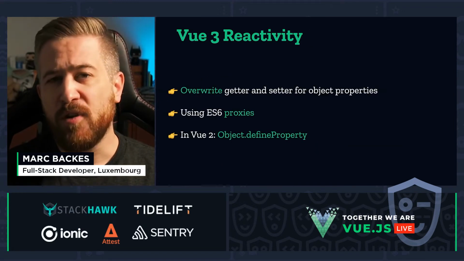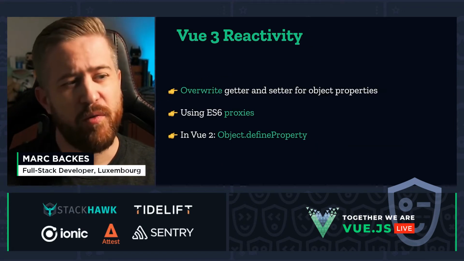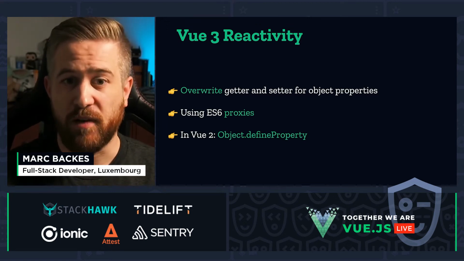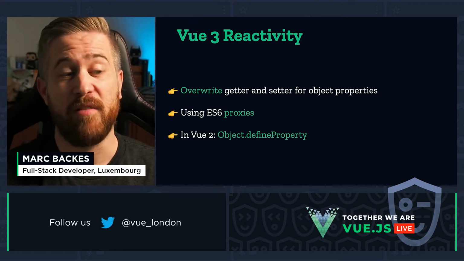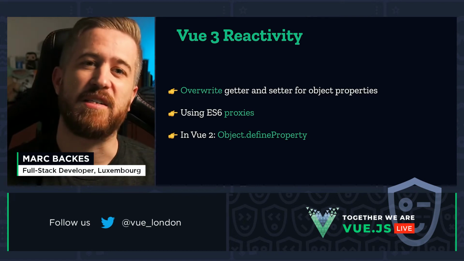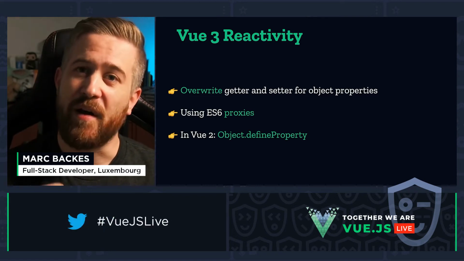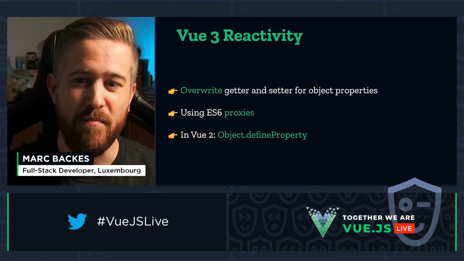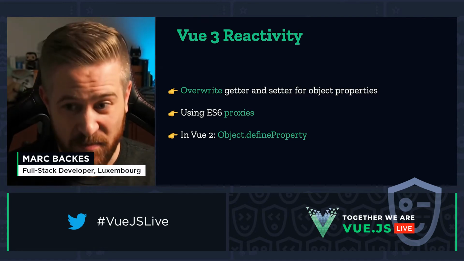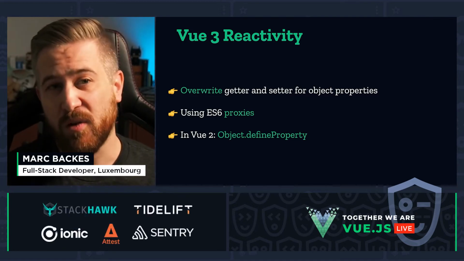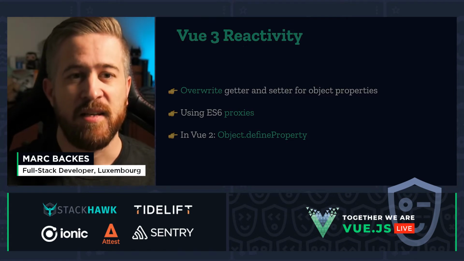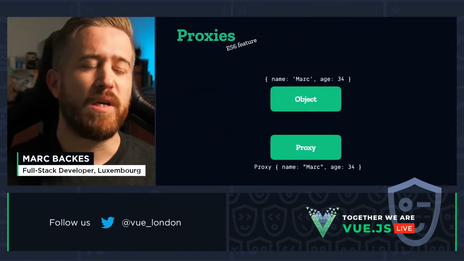So, Vue 3 reactivity. In Vue 2 we use Object.defineProperty, and in Vue 3 we override the getters and setters for object properties by leveraging the magic of ES6 proxies. We are going to go a little bit deeper into that. So what's a proxy?